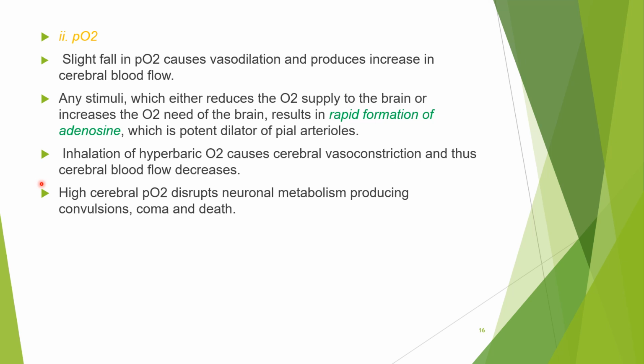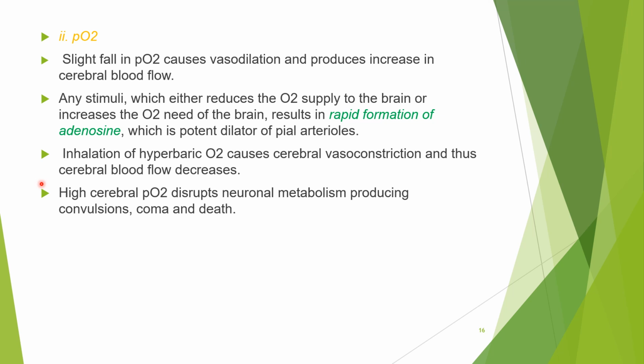These H plus ions cannot cross the blood-brain barrier. So carbon dioxide has to go inside the CSF and combine with water to form carbonic acid, which then dissociates, and the H plus ions cause this effect.